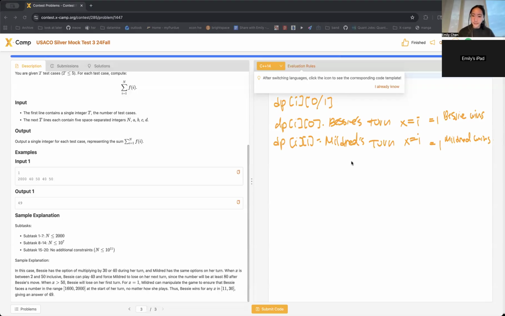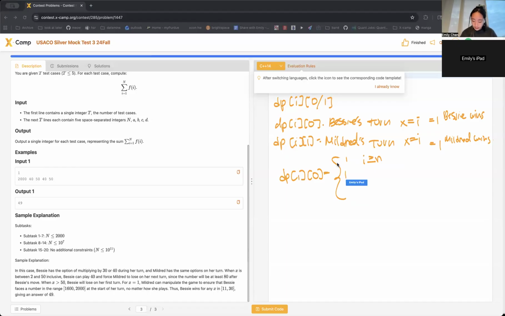Okay, so for any player J, if it's J's turn, then J can win if they can force the other player to lose. Otherwise, J would lose. So then we would have the following transition. Here, dp of i, 0 is equal to 1 if i is greater than or equal to n, which means that the player already exceeded the number on their last turn.